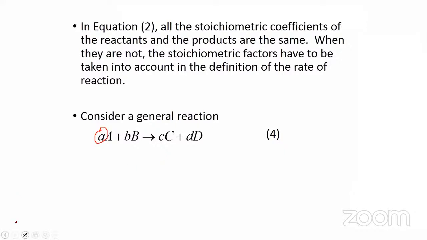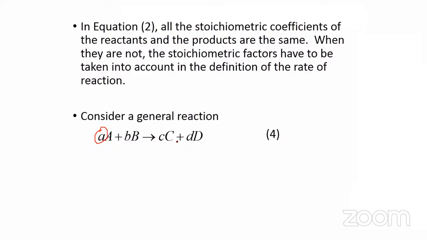The lowercase a is the number of moles of capital A. Lowercase b, the number of moles of B. Lowercase c is the number of moles of C. So whenever I want to write the rate of decrease of A, the rate of decrease of B, the rate of increase of C, the rate of increase of D, you must take care of the stoichiometric factors.